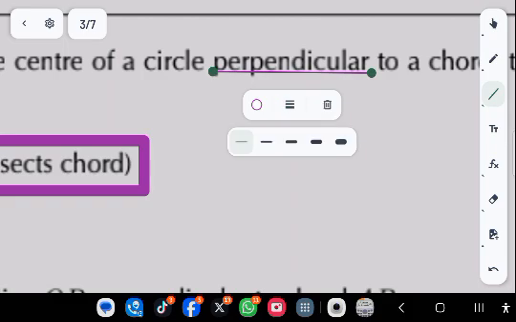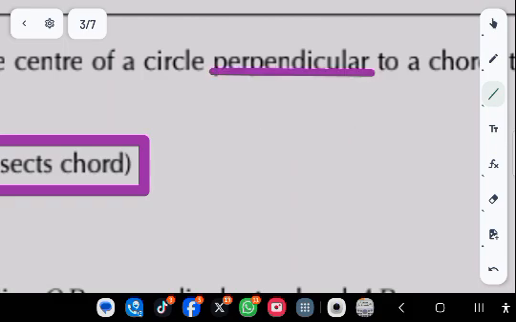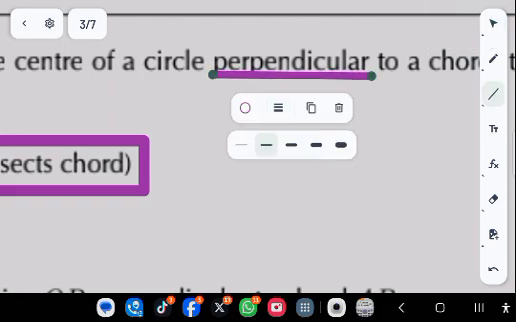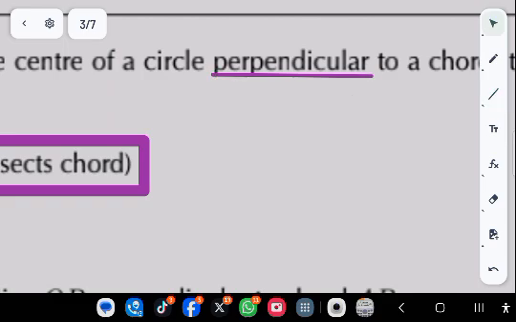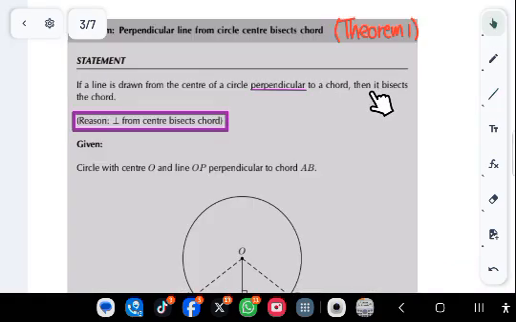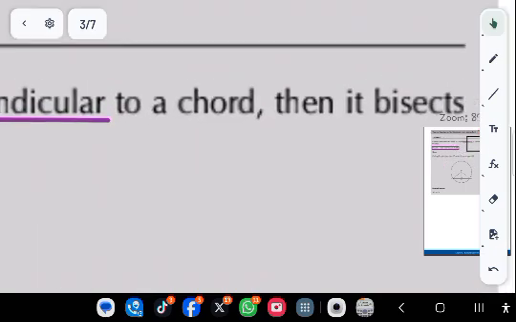Perpendicular, I'm going to explain what it means now. If a line is drawn from the center of a circle perpendicular to a chord, then it bisects the chord.